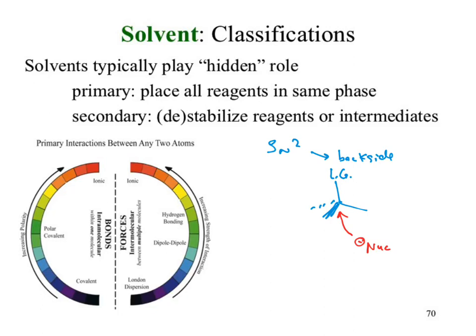What does a protic solvent supply? Hydrogen bonded to an electronegative atom, right? What charge is that hydrogen? Partially positive. Where is that hydrogen found? In the solvent, in the solution. Where in the solution?